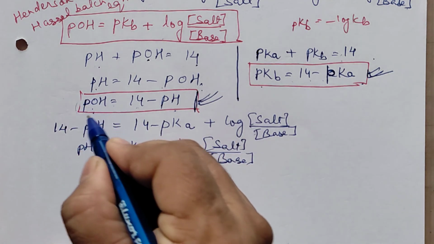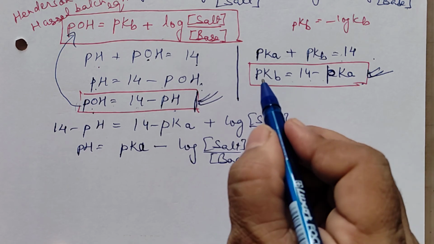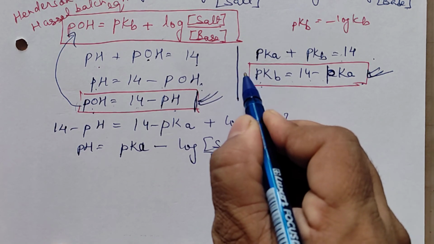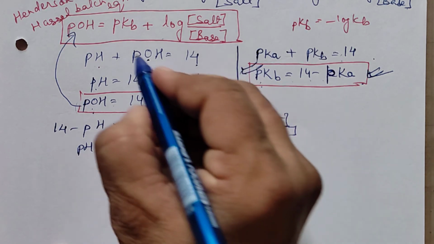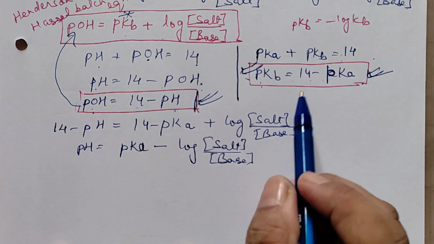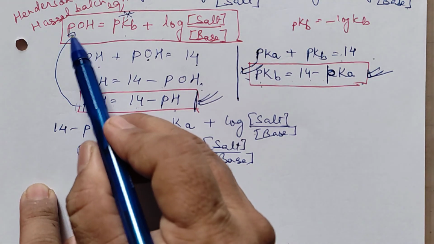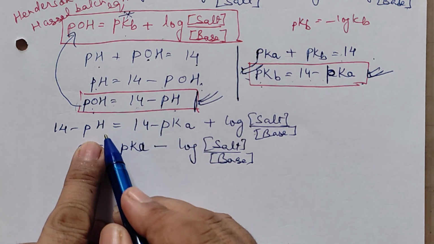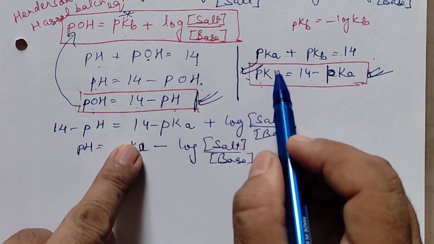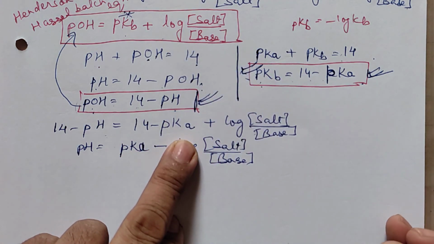This pOH value if you put in this equation, and from here the pKb value, that is 14 minus pKa. So this is what I have written here. Instead of pOH, 14 minus pH. Instead of pKb, I have written 14 minus pKa. Remaining things are the same.